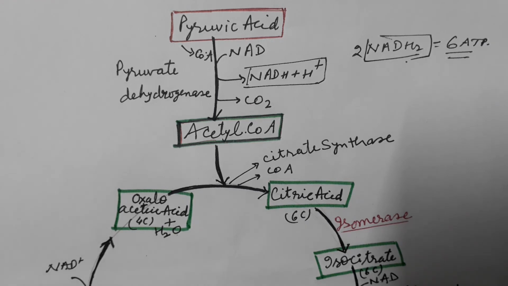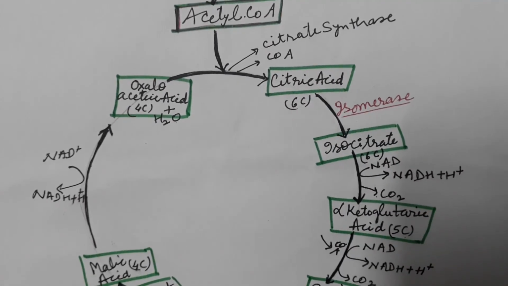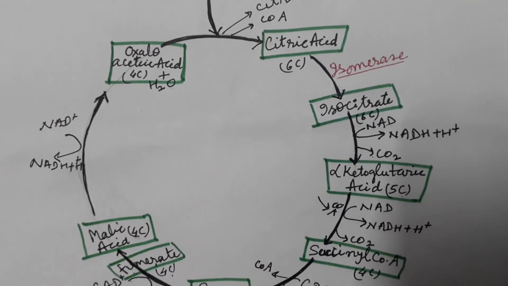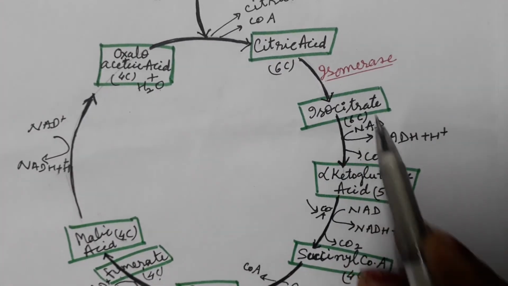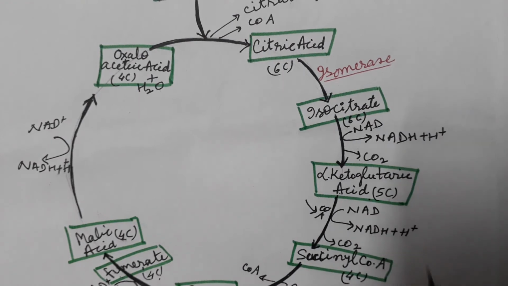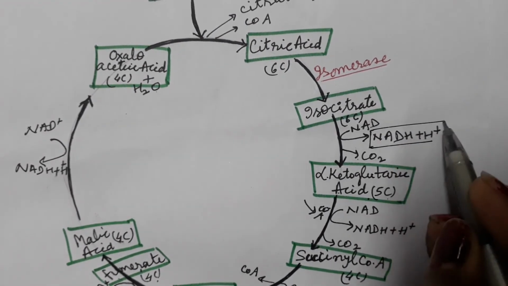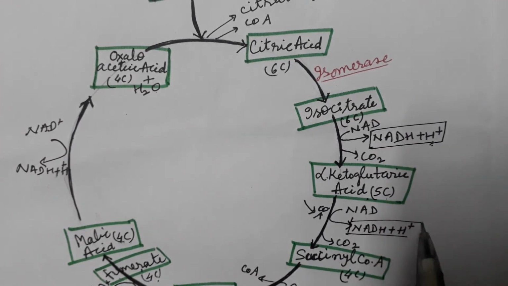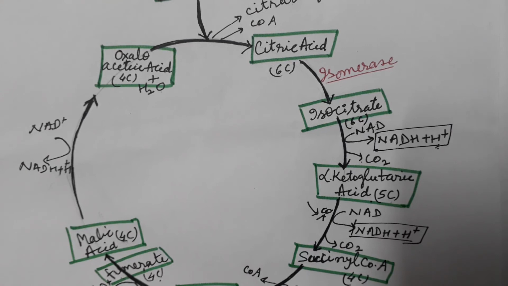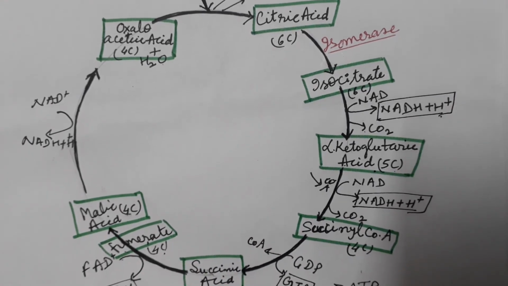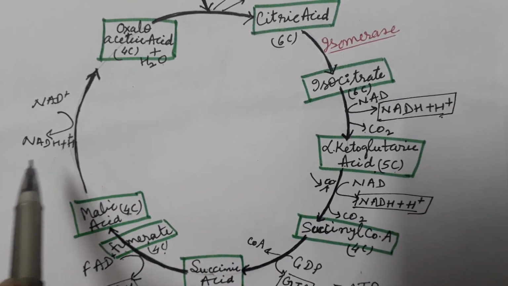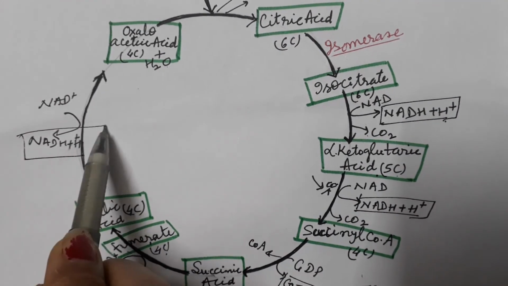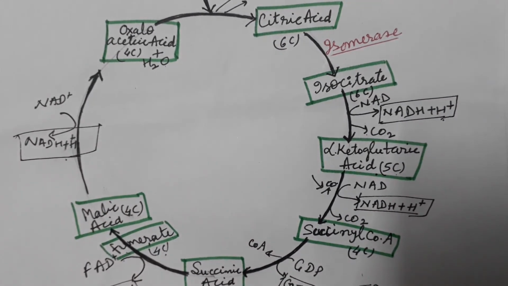Now we count how many NADH2, FADH2 and ATP are produced in the Krebs cycle. Acetyl coenzyme A enters the Krebs cycle. When isocitrate is converted into alpha-ketoglutaric acid, 1 NADH2 is produced. The next NADH2 is produced when alpha-ketoglutaric acid is converted into succinyl coenzyme A. And the third NADH2 is produced when malic acid is converted into OAA, oxaloacetic acid.